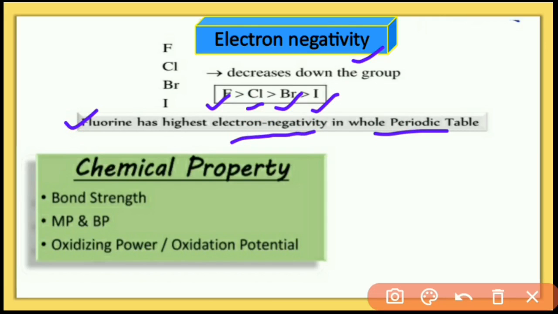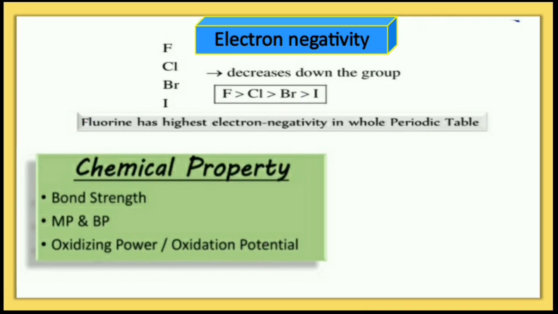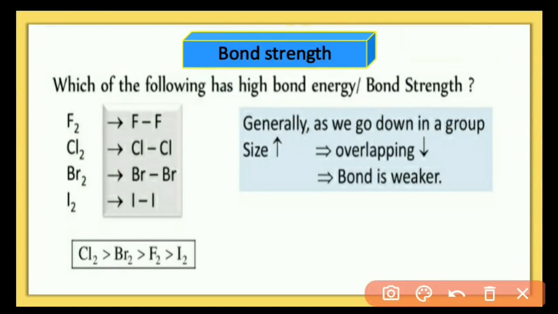Next, let's see the chemical properties: bond strength, melting point, boiling point, oxidizing power and oxidizing potential. Chemical property first, bond strength.